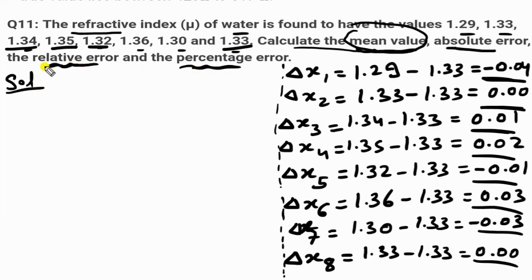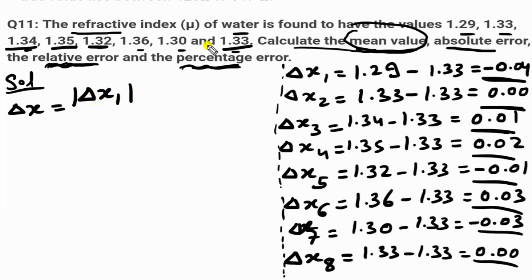Now to find the relative error and percentage error, we have to find the mean absolute error first. So let's say mean absolute error is delta x, then delta x is what? Average of the magnitude of all absolute errors is known as mean absolute error. So mean absolute error is mod delta x1 plus mod of delta x2 plus mod of delta x3 plus mod of delta x4, and so on, plus mod of delta x8, upon 8. When we put mod, it means we are ignoring the negative sign.